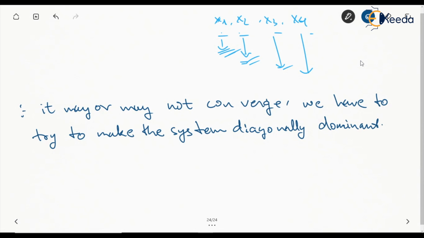How can we do this? We can do this by exchange of rows. So we have to try making the system diagonally dominant so that the diagonal elements are dominant compared to other coefficients. Otherwise, there are many chances that it may or may not converge.